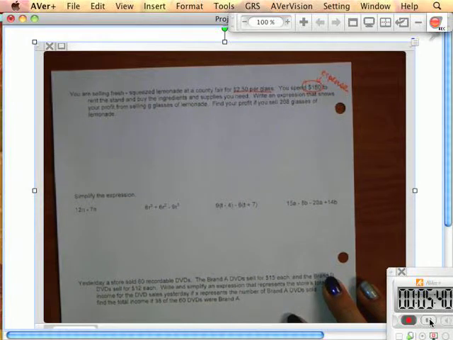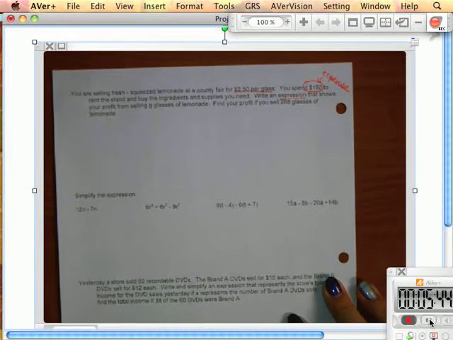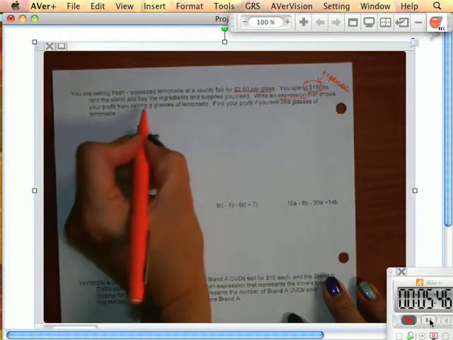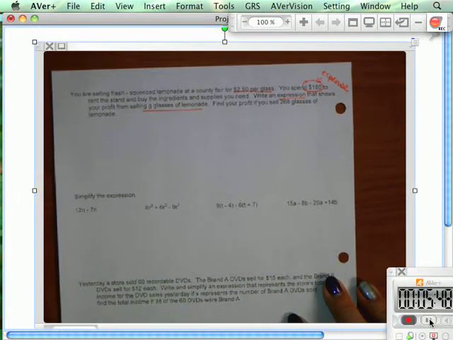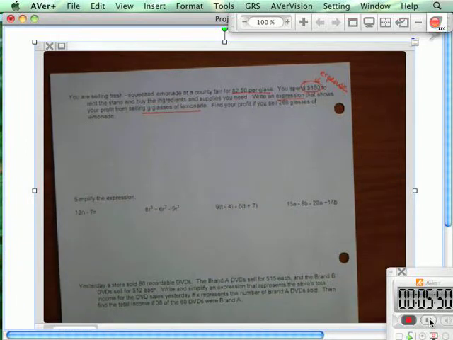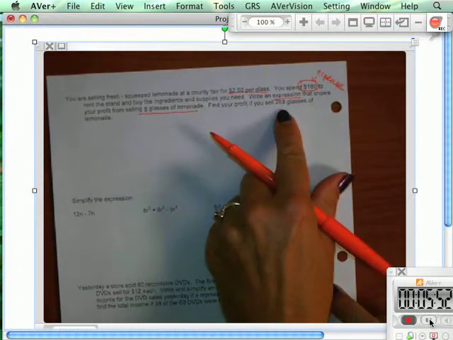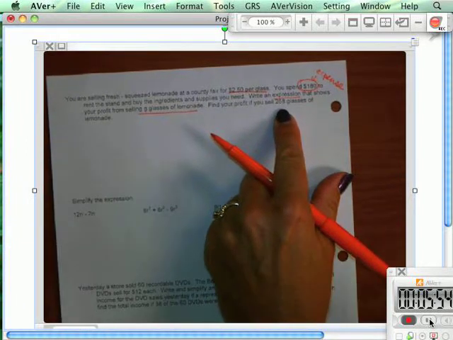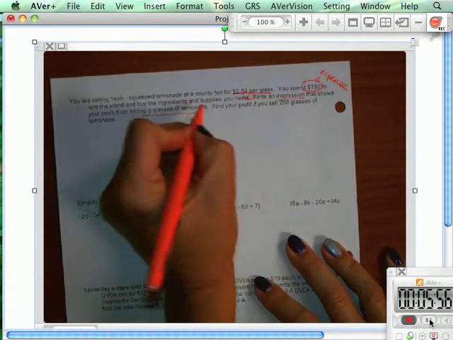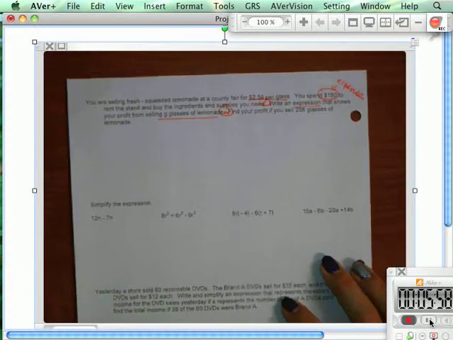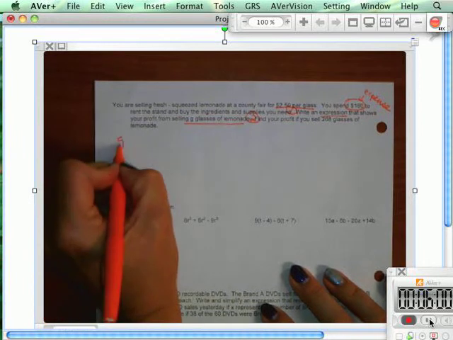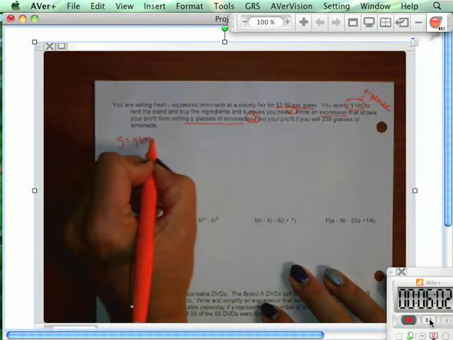Write an expression, no equal sign, that shows your profit from selling G glasses of lemonade. I have two things to do here. I have to write an expression, and then I have to find the profit. So this is number one, this is number two. G, they told me, is glasses sold.